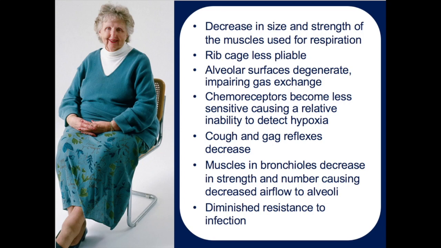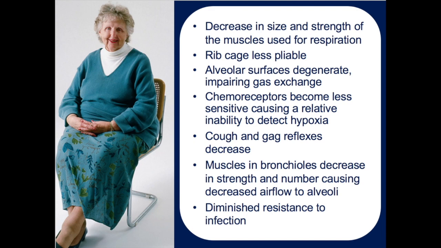These calcium deposits cause the rib cage to become less pliable. So essentially the rib cage becomes stiffer, so you have to work harder to inflate your lungs, to inhale and then to exhale. And we want pliable lungs, so this just makes it more challenging to compensate with your respiratory system when you have some insult to it.